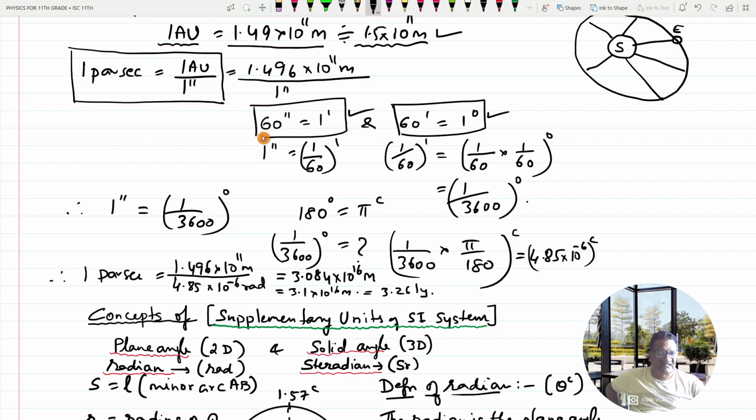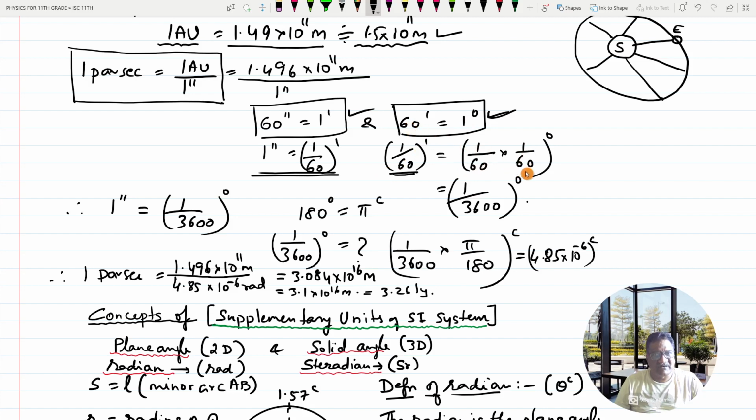Now from this, you will get 1 second equal to how many minutes? So 1 second will be equal to 1 into 1 divided by 60, that is 1 upon 60 minutes. So 1 second is equivalent to 1 upon 60 minutes. Now let us try to convert this 1 upon 60 minute into degree. So we'll take this relationship. 60 minutes is equal to 1 degree, and 1 upon 60 minutes will be how much degree? So if you cross multiply, 1 upon 60 into 1, that will be 1 upon 60 divided by this 60.